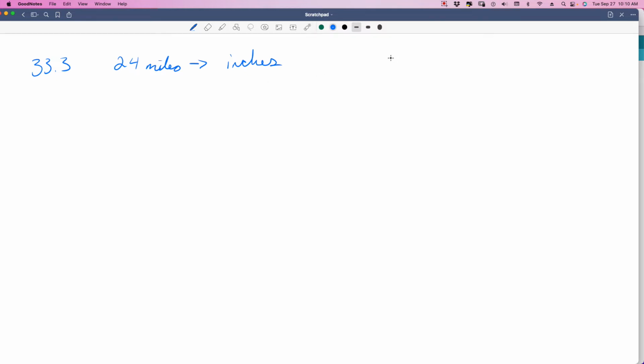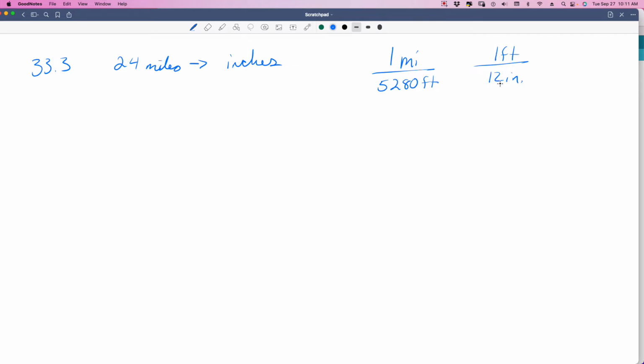And you can even ask Siri on your phone or Google it, or look at your reference page that's in your materials, that 1 mile is the same as 5,280 feet. And we already know inches to feet. 1 foot is 12 inches.